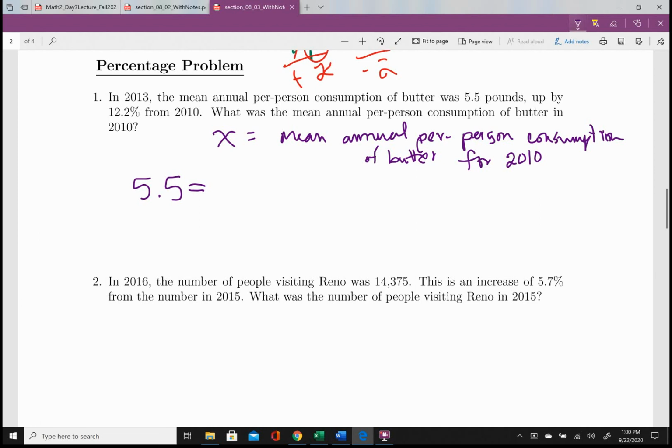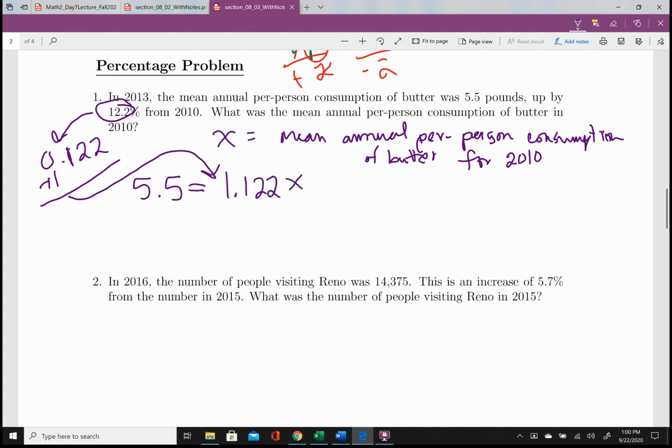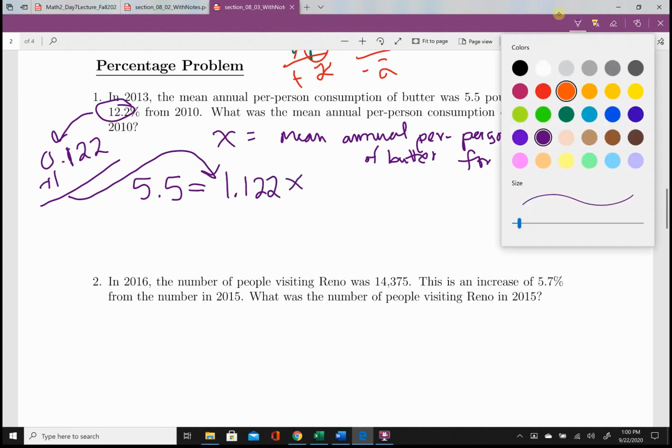What's 12.2% as a decimal? It's 0.122 as a decimal, but this is an increase, a percent increase from what was happening in 2010. So remember what we do for percent increases? We add 1 to this in order to have a multiplier of 1.122 times x. So we need to divide both sides by this multiplier.